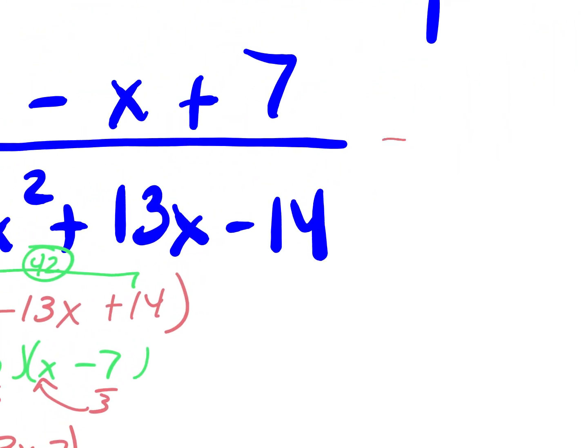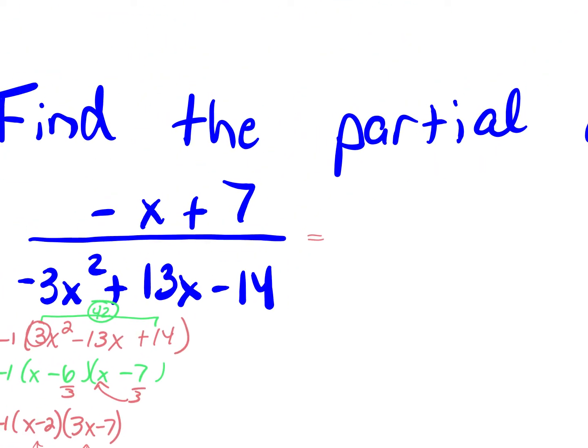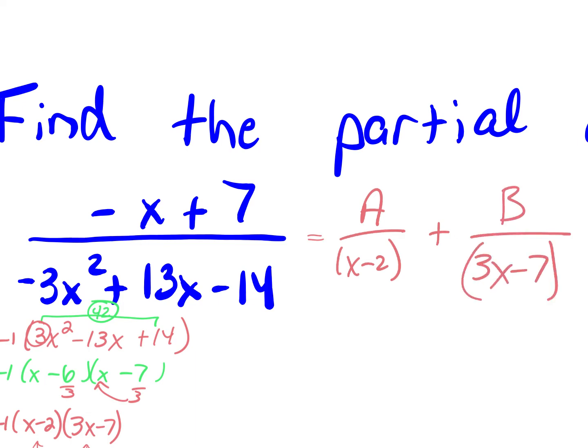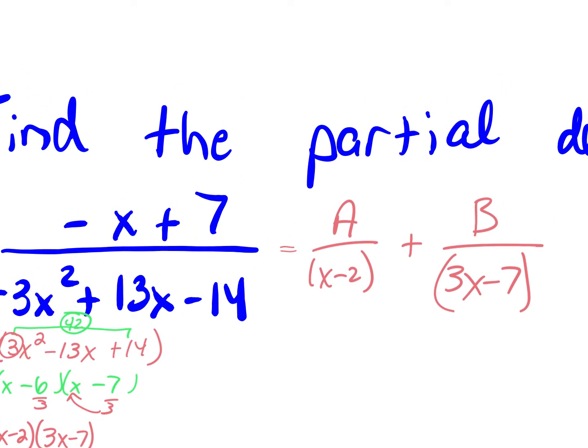We're going to say equals A over x minus 2 plus B over 3x minus 7. So we're still in the setup phase. We haven't begun to solve it, but we're getting there. So now I look and I say, okay, what does my fraction have and what does it need? A has x minus 2.